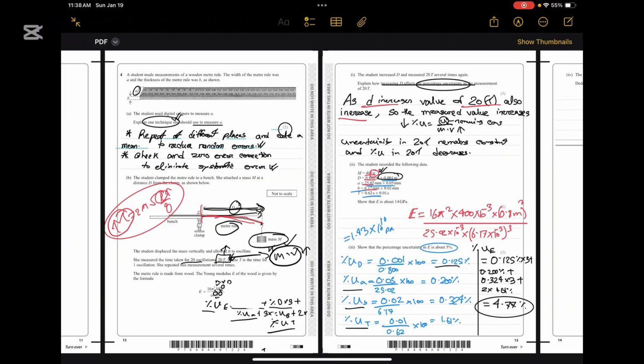We have calculated this as 1.43, which can be said as 14.3 into 10 to the power 9 Pascal. So it's 14.3 GPa.